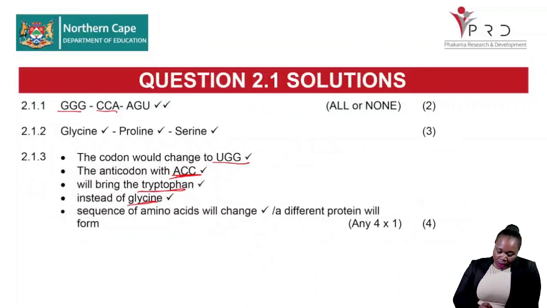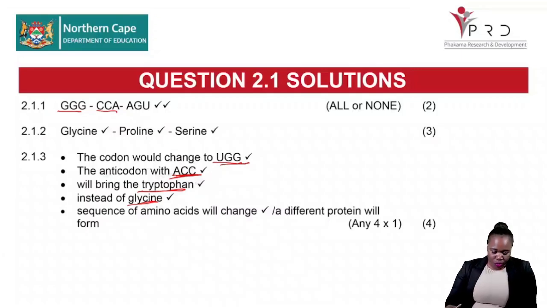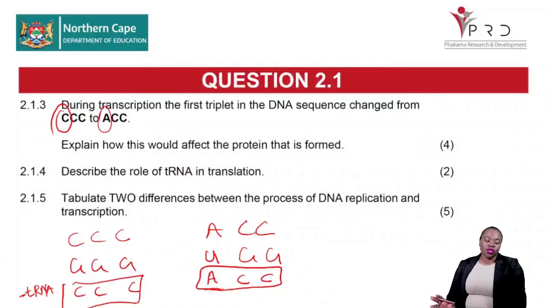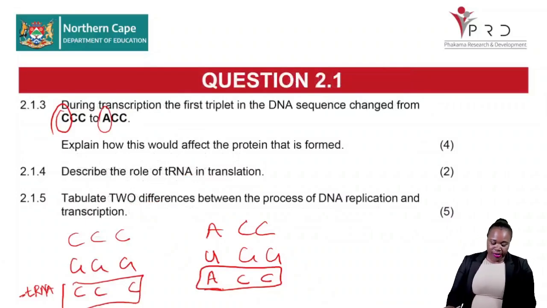Say that our codon has now changed to UGG and the anticodon has now changed to ACC, which then gives us a different amino acid, specifically tryptophan instead of glycine, which then means that we have a different protein that is going to be formed. Do not just generalize. Make sure that you are specific with your answer there.